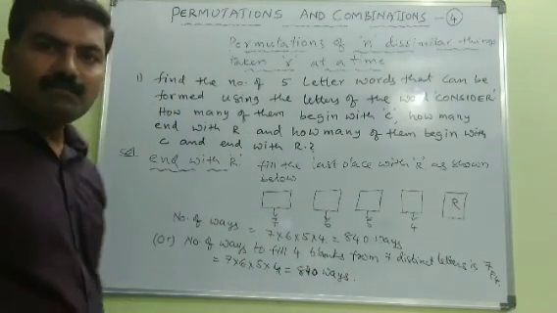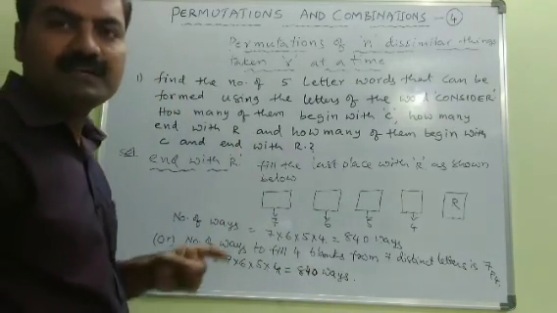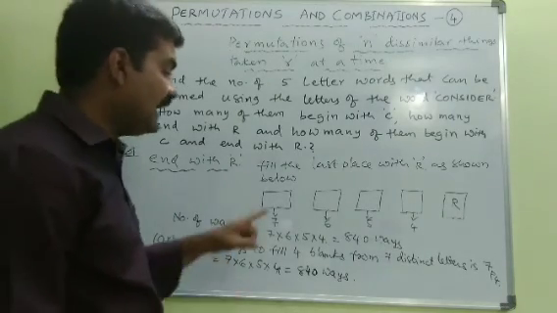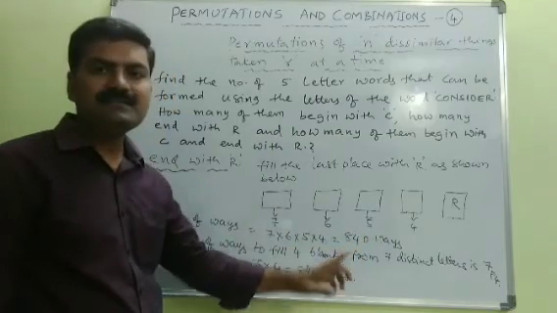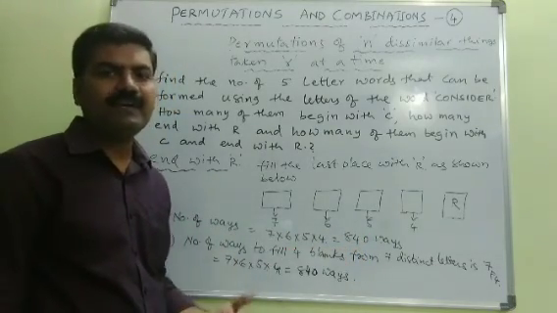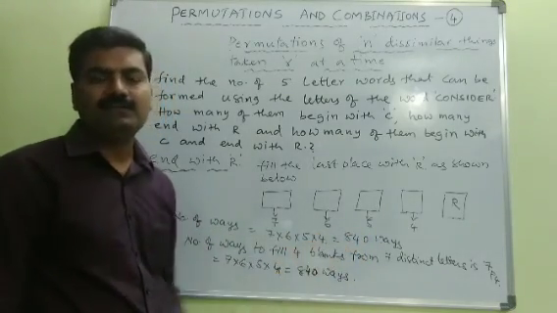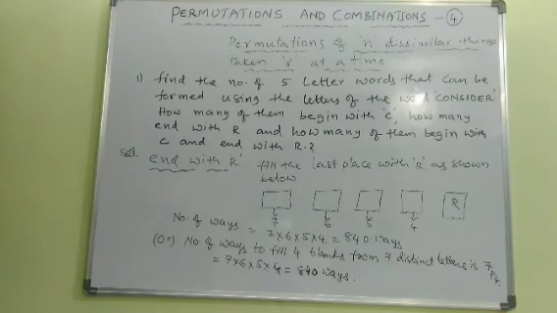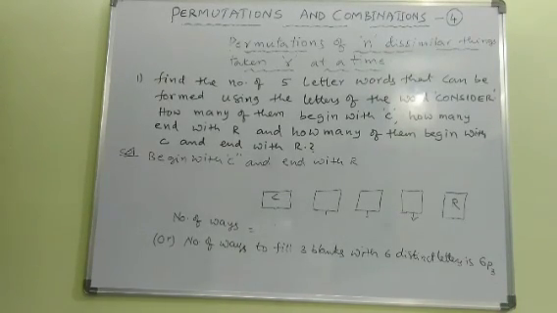So the number of 5-letter words beginning with C and the number of 5-letter words ending with R are the same. In both cases we get 840 words. Okay. Now let us see the last condition.